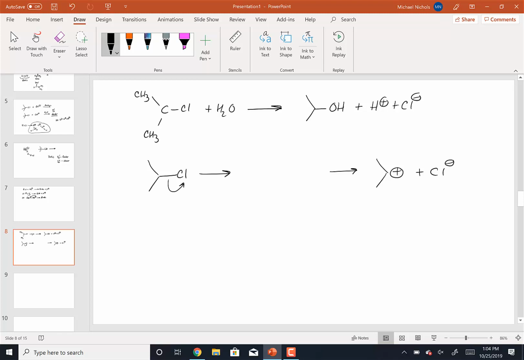So what's the transition state going to look like? What bond am I breaking? The carbon-chlorine bond. So that's a dotted line to the chlorine. And my charges, who should have what charge? Chlorine will have a delta minus, carbon will have a delta plus.